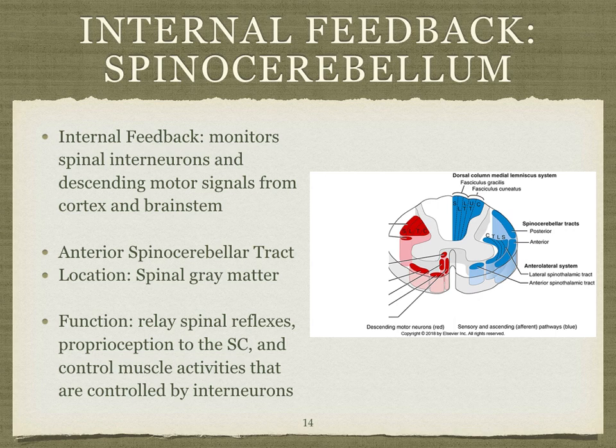As we can see, it is along that lateral white column of our spinal cord, but a little more anterior than the posterior one. The purpose of this is relaying spinal reflexes and proprioception to the spinal cord and any muscle activation that's controlled by our interneurons.